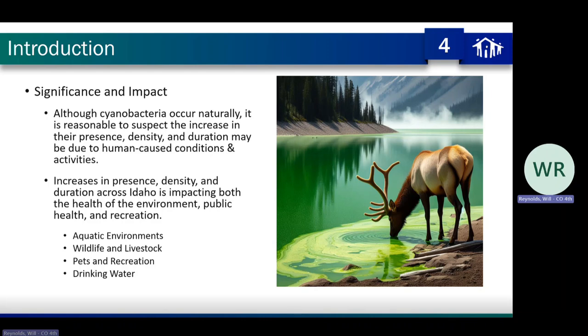In terms of wildlife and livestock, again, as I've just mentioned, both wildlife and livestock, as well as pets, really, can be highly impacted by the effects of these toxins in water bodies. And that's largely to do with the fact that they're just more likely to drink from water bodies containing these toxins.